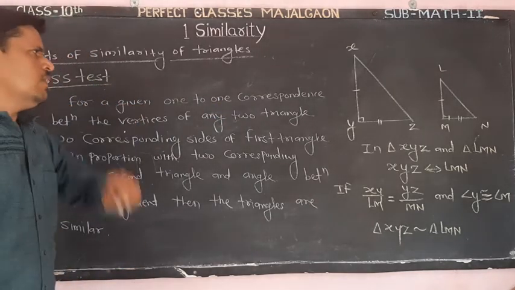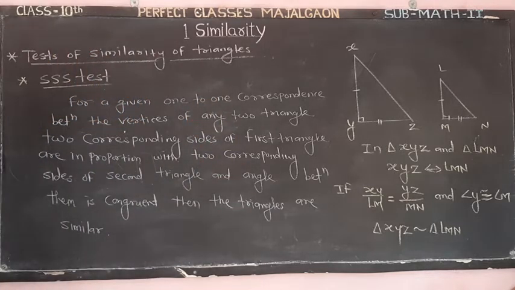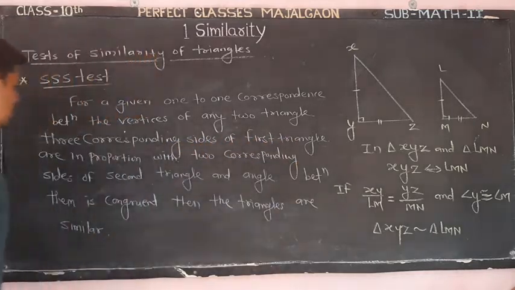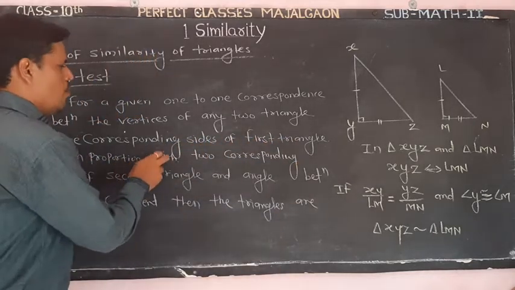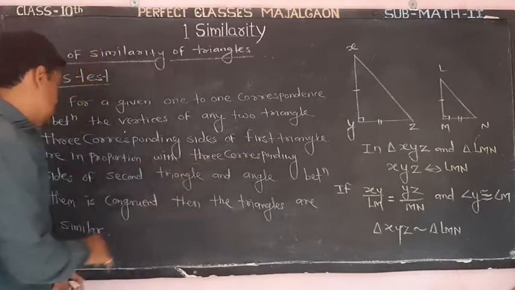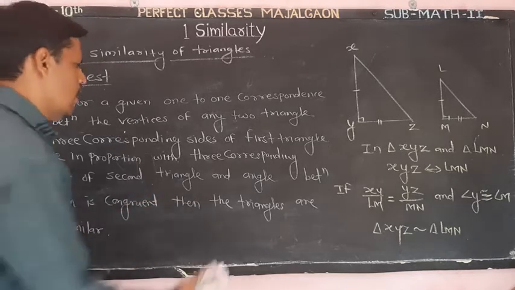For a given one-to-one correspondence between the vertices of any two triangles, here we replace these three corresponding sides of the first triangle are in proportion with three corresponding sides of the second triangle.